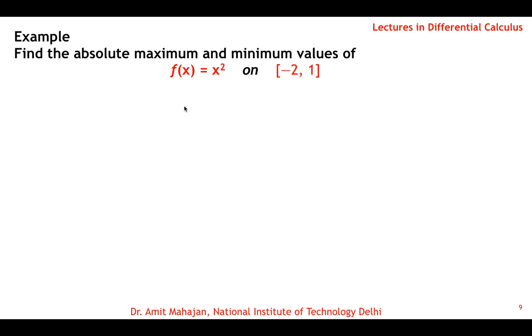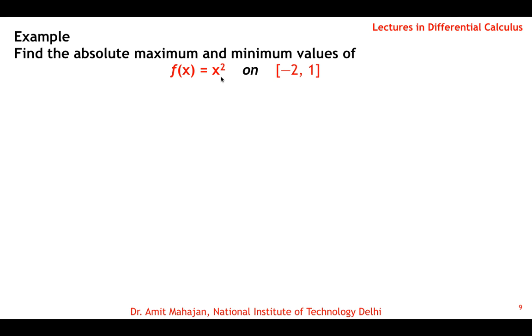Now, how to calculate that using the method: you calculate the first derivative, and we know f dash x or df by dx will be equal to 2 times x. Then you calculate the critical points by substituting that equal to 0.